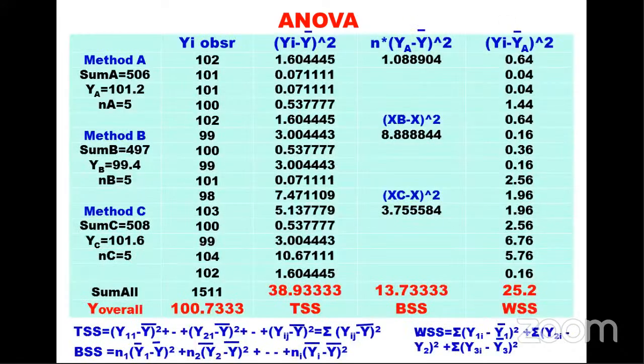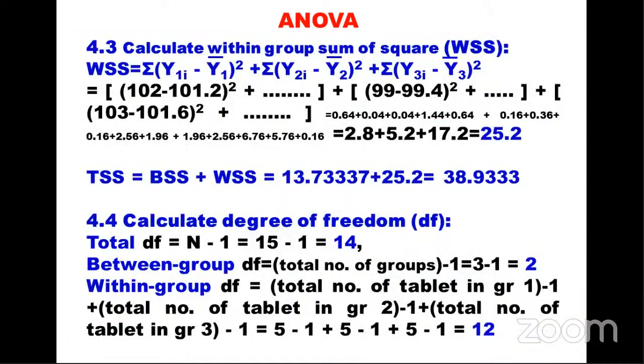Similarly, BSS comes by formula to 13.73. I used an Excel file to calculate these things and pasted them here. So TSS minus BSS will be 25.2, and that is also verified as WSS. So this is the calculation part. Then calculate the degrees of freedom. Total 15 observations, so n minus 1 is 14.